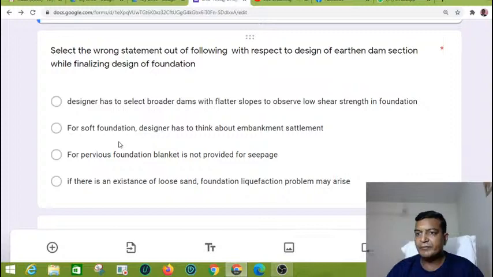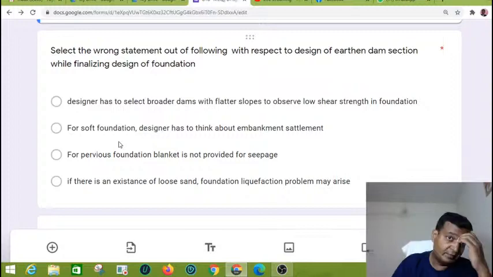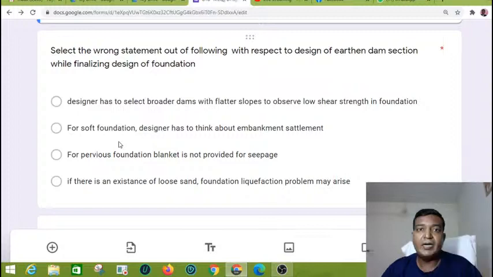You all are requested to put up your stand over here in chat box. Select the wrong statement out of following with respect to design of the earthen dam section while finalizing the design of foundation. While we are finalizing the design of foundation, designer has to select broader dams with flatter slope to observe low shear stress in the foundation.